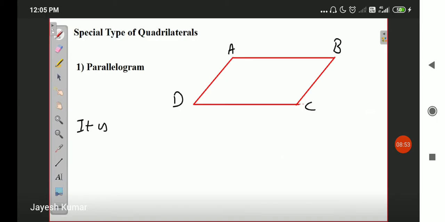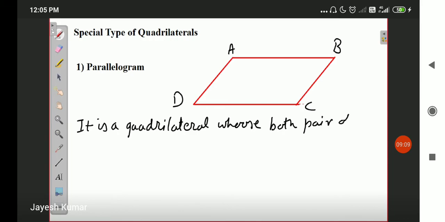It is a quadrilateral whose both pair of opposite sides are equal.